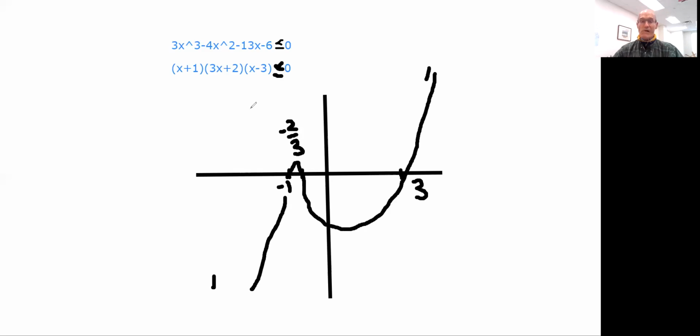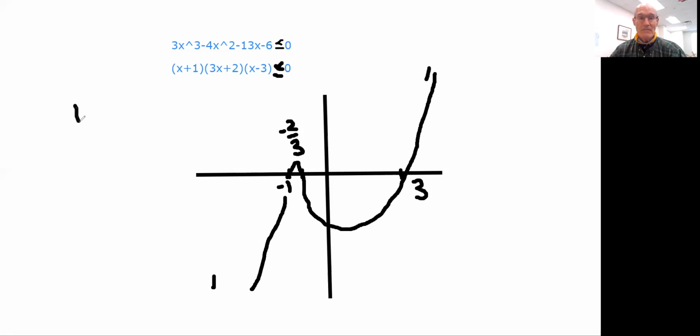Now, if I'm looking at the points where the curve is less than or equal to 0, that means the graph is below the x-axis here. So I can look and see, okay, everything to the left of -1 is a good solution.